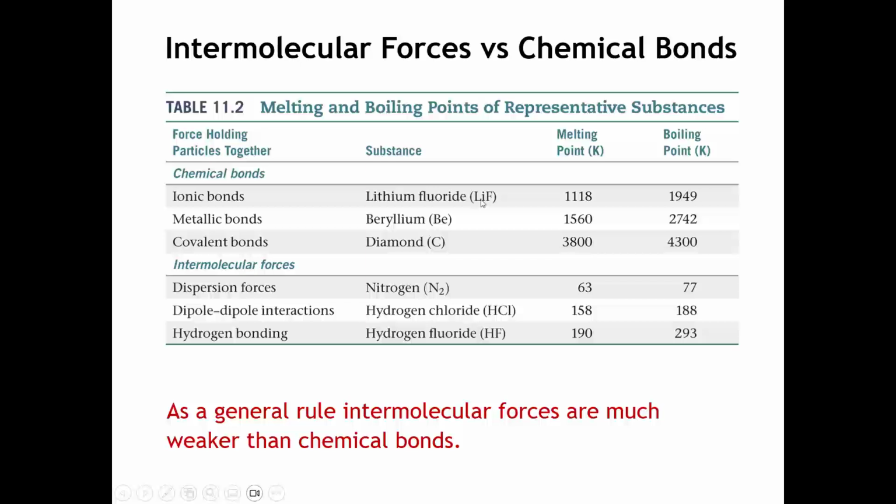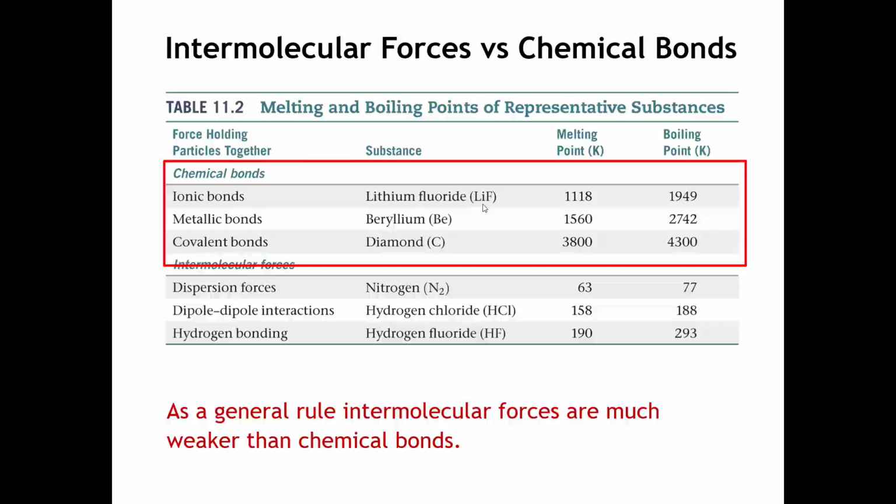If we were to look at ionic compounds like lithium fluoride, the attractions that are holding the atoms together are true ionic charges, electrostatic in nature as well, but much stronger. So we see that the melting points and the boiling points are at very high temperatures, over 1,000 degrees Kelvin. If we were to look at metals, here beryllium, but we could pick many different metals, we would oftentimes find that the melting and boiling points are also very high.